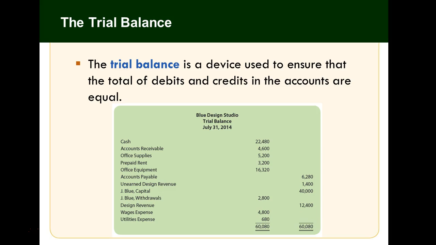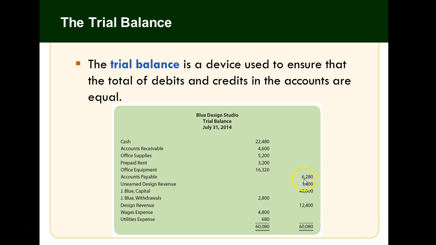The trial balance is only to show our debits equal our credits. Now, you see our cash, all of our assets have debit balances. Our withdrawals have a debit balance. They should have a normal debit balance. And do you see how our expenses have a debit balance? All of them total $60,080.